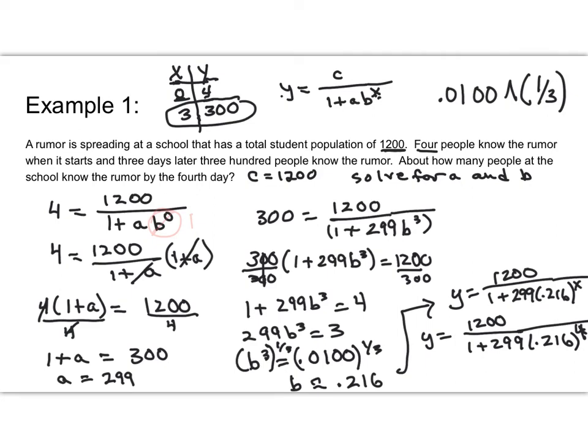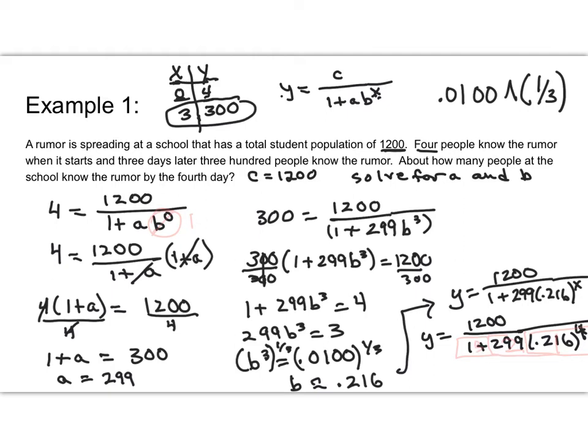So this is really important too. Hang on a second. I need to do this in the proper order or I'm not going to get the right answer. So I do 0.216 to the 4th. Whatever I get there, I multiply that by 299. So this is first, this is second, and then finally I add 1 to it, and that's third.